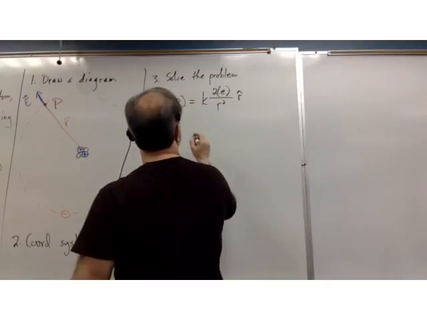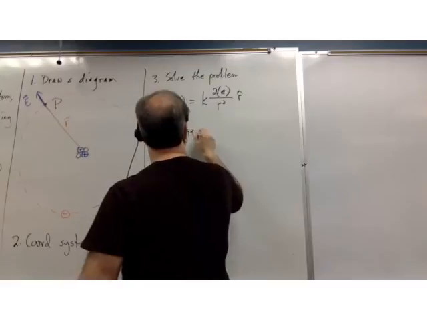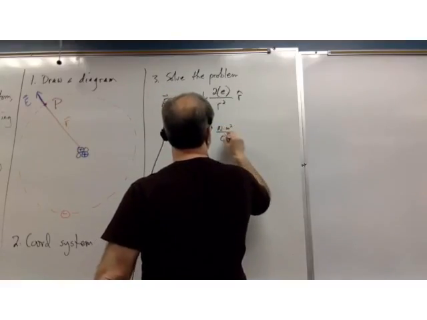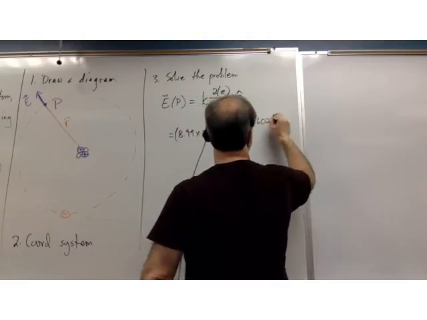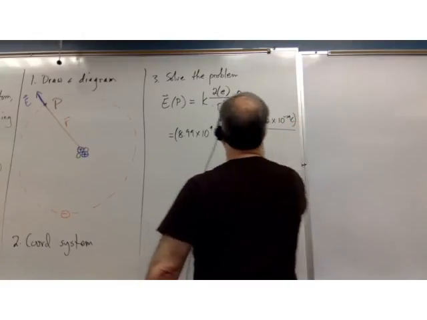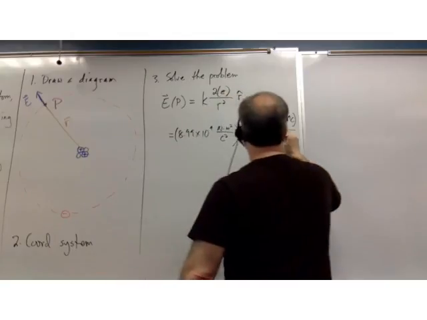And so this is, k is 8.99 times 10 to the 9th newton meters squared over coulomb squared, times 2 times 1.602 times 10 to the minus 19th coulombs, divided by 26.5 times 10 to the minus 12th meters, quantity squared, and then that's going to be pointing in the outward radial direction.